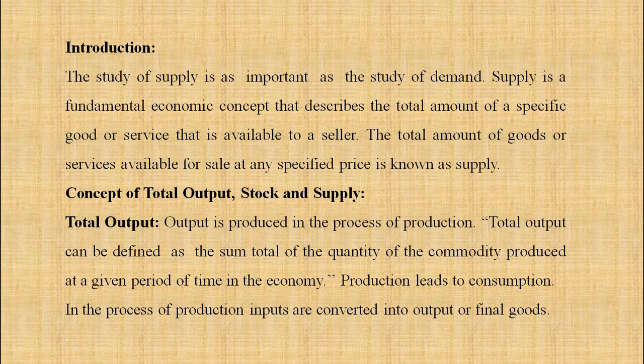Production leads to consumption, and every producer is producing goods and services for consumption purposes. In the process of production, inputs are converted into output or final goods. Input is raw material, and the final product is the good which is ready in the market for consumption.